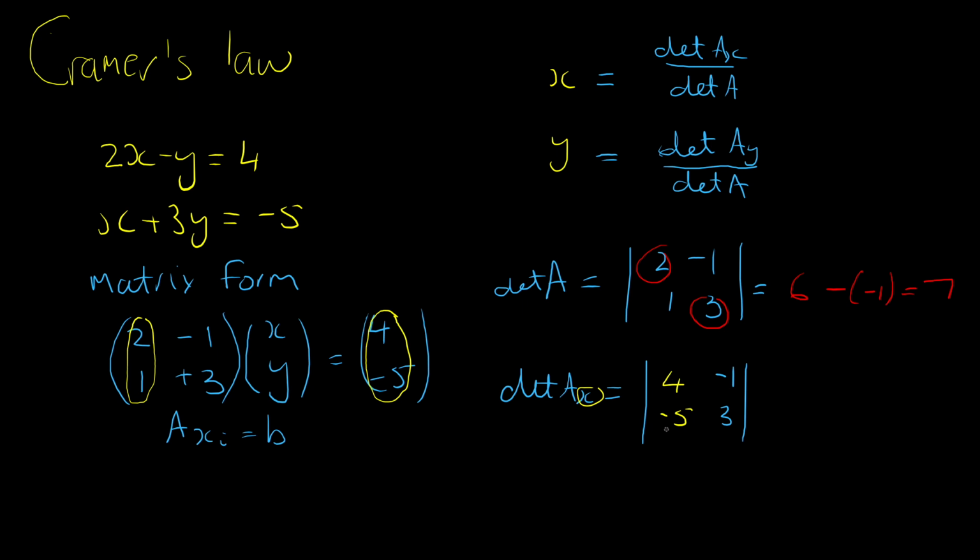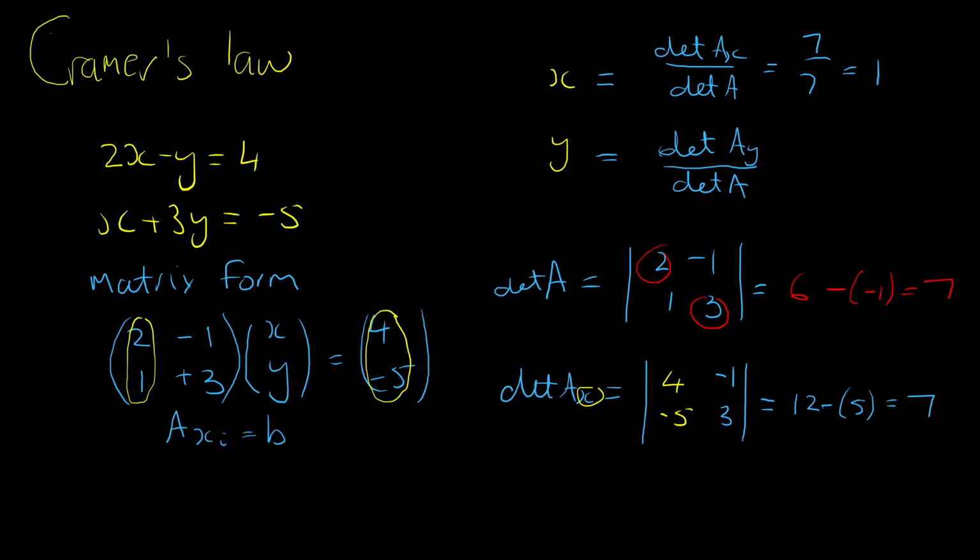So we're just substituting the x column with the answer column. Then we get the determinant: 4 multiplied by 3 is 12, minus minus 5 multiplied by minus 1, which is plus 5. Hmm, so it's 12 minus 5, which is 7. So the determinant of Ax is 7, and the determinant of A is 7. 7 divided by 7 is 1. So that's the answer for x.